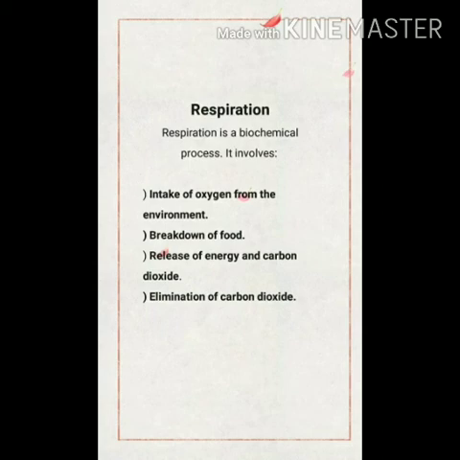That glucose is broken down and releases energy and carbon dioxide, and that carbon dioxide is eliminated from our body. So we respire to get energy.